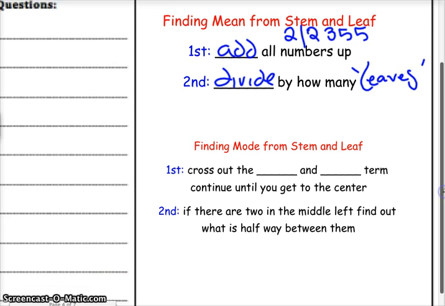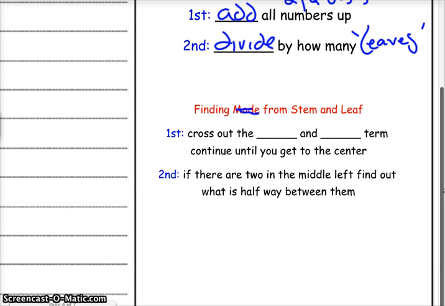Finding mode from stem and leaf. This is not what I meant. Finding mode, you're just looking for the thing that has the most. It's finding median that we need to know. Finding median from a stem and leaf plot. What you do, you cross out the first and last term. And when I say term, I'm talking about leaves again.